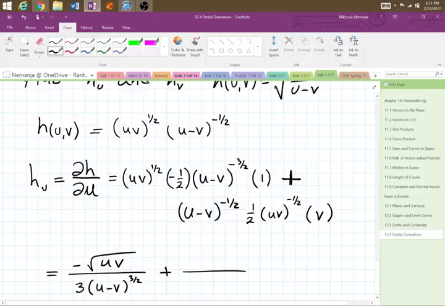We have just v in the numerator, and we have a square root of u minus v, and there is a 2 there, and then also a square root of uv. There we go.